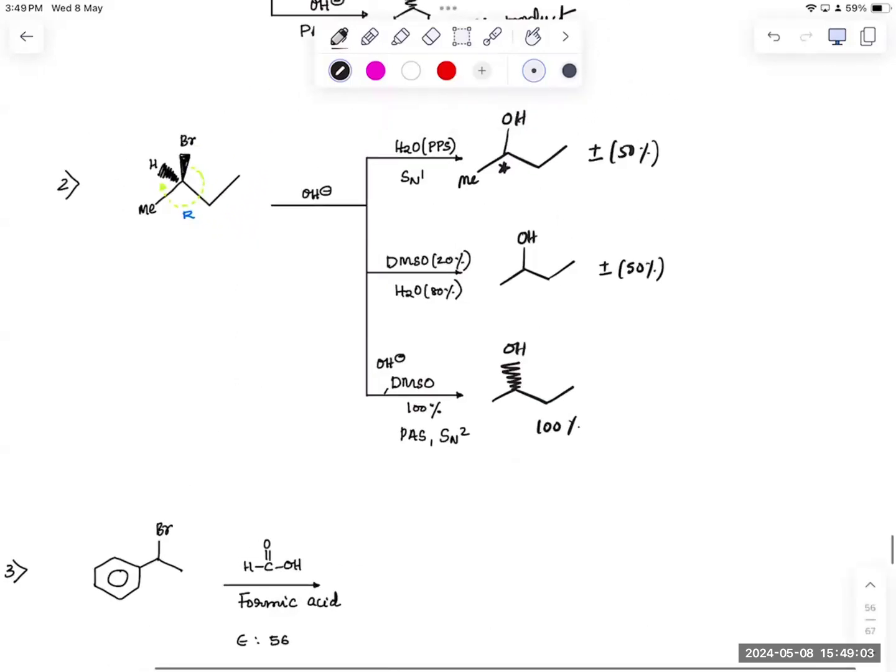Now, tell me, my question here is about the first and second product, first reaction and second reaction. In the first reaction and second reaction, where do you think the racemization is more? Everybody, think about it.